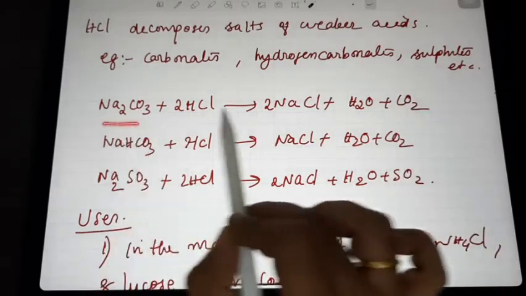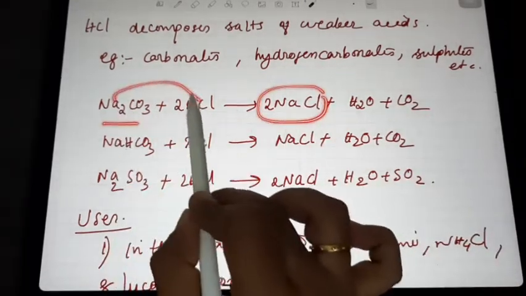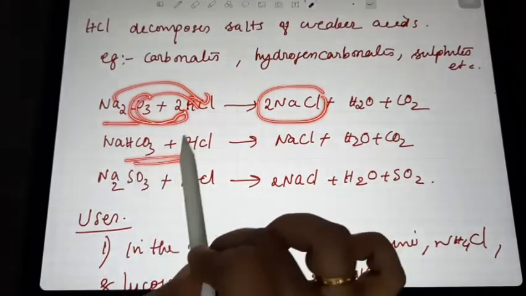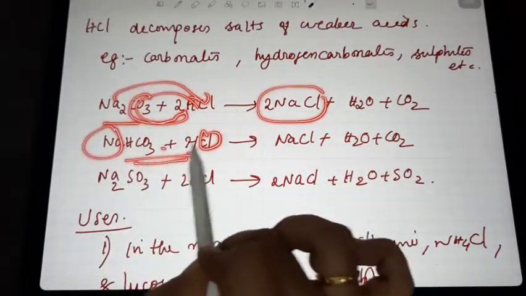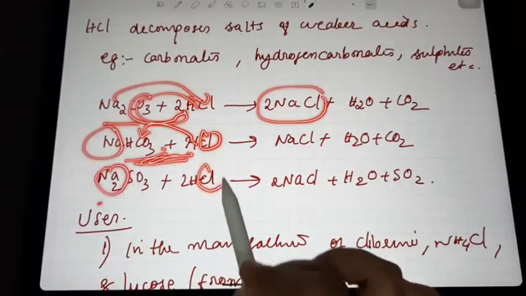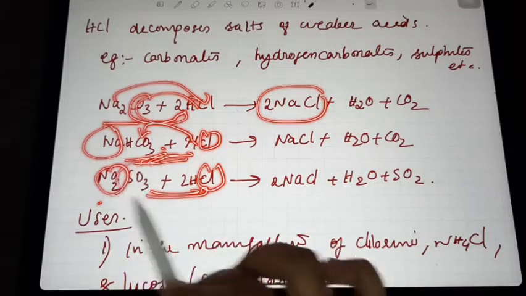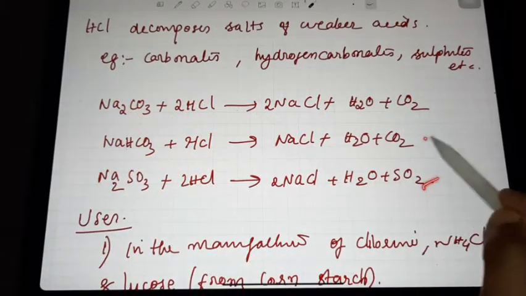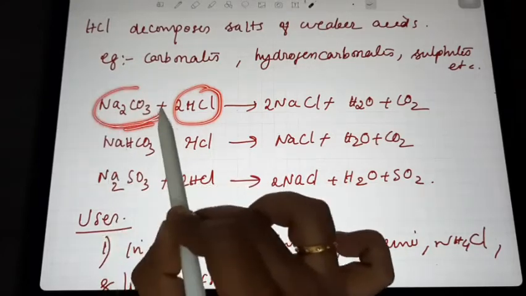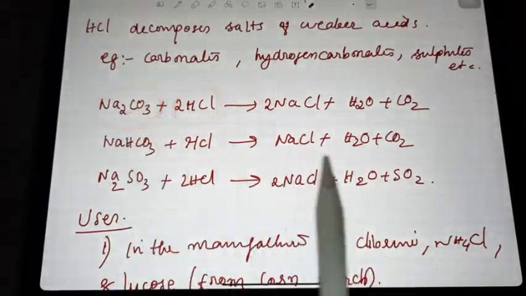Carbonate decomposes to form NaCl plus H2O plus CO2. Here also NaCl plus H2O plus CO2. Then here NaCl plus H2O plus SO2. Likewise, such products are possible when hydrochloric acid reacts with salts of weak acids.